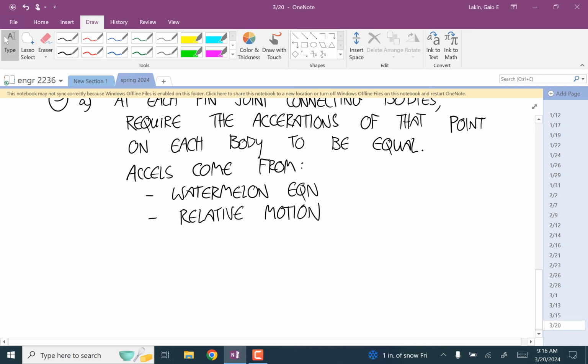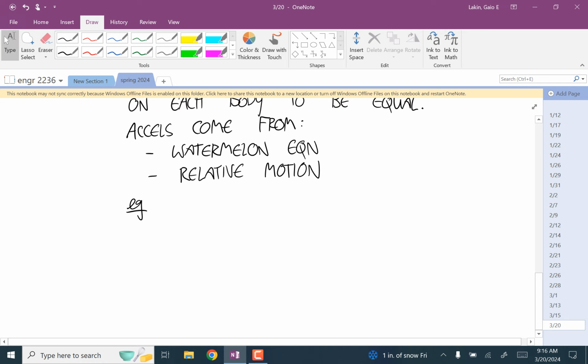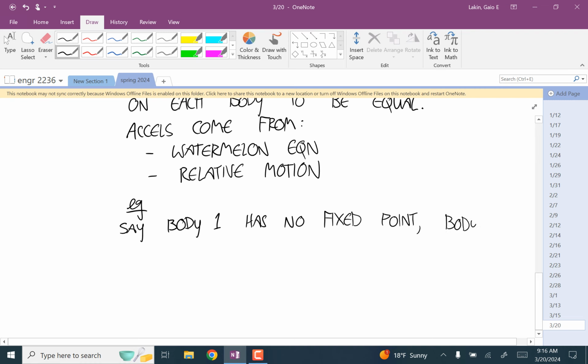Okay, so for example, you might have an equation that says, let's say body 1 has no fixed point, and body 2 has a fixed point, and they're connected by a pin joint.